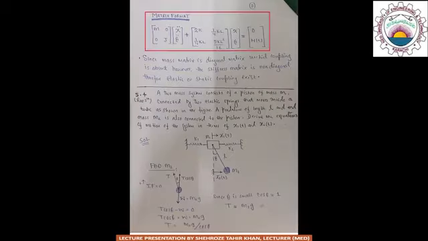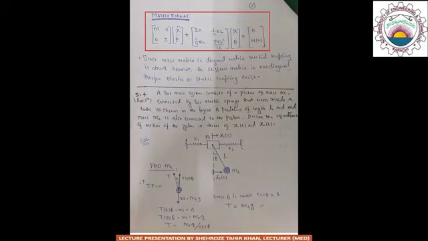These equations of motion may be expressed in the matrix form as follows: matrix M 0 0 J into matrix x double dot, theta double dot, plus matrix 2k, 1 by 4 kL, 1 by 4 kL, 5kL square upon 16, multiplied by matrix x, theta, is equal to matrix 0, M of t.